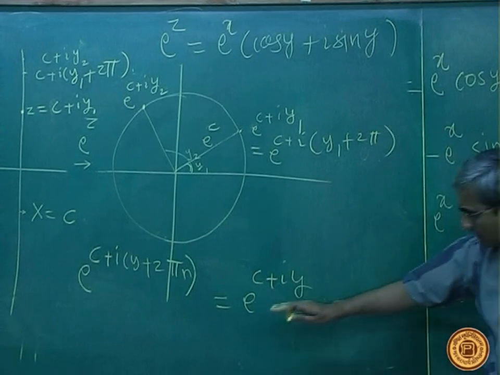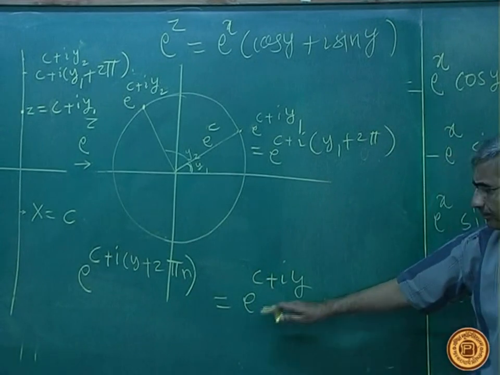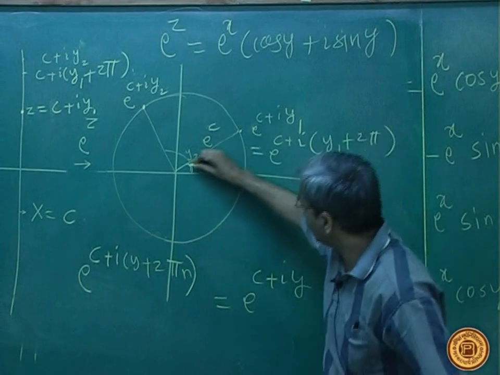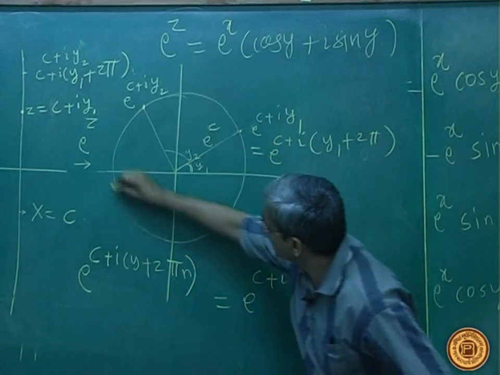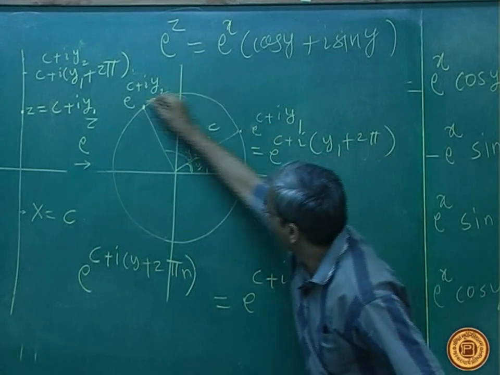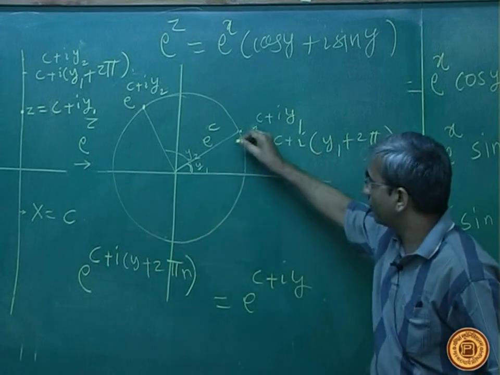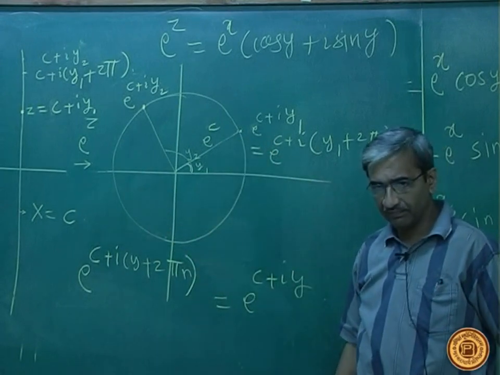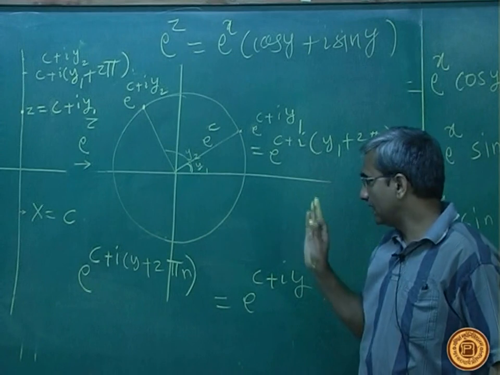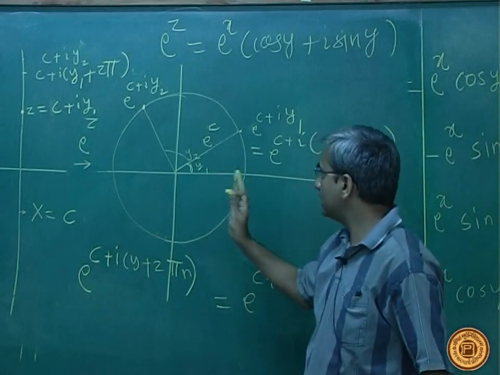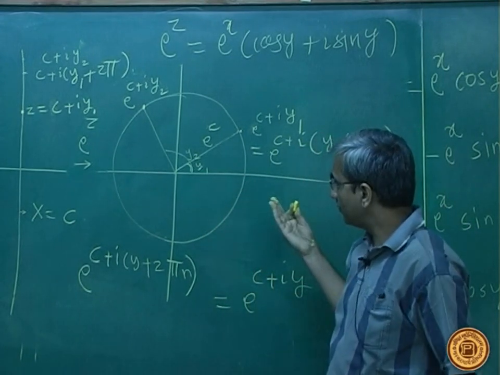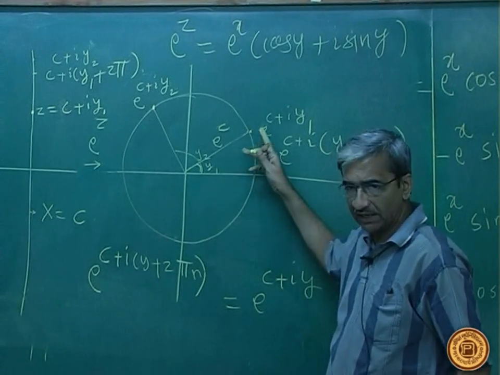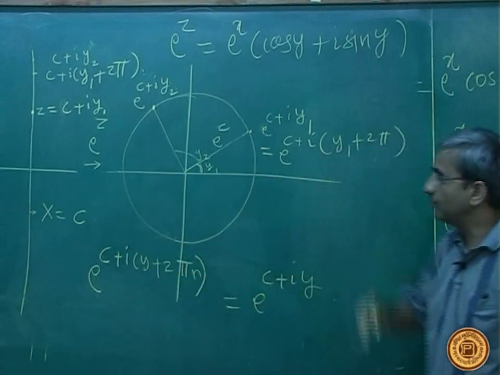I will still get c plus iy, because this angle is y, then y plus 2 pi, y plus 4 pi will be the same angle. And the real part of z is c, so the modulus of e to the power z is e to the power c. That I have fixed. So all these points will be on the circle.